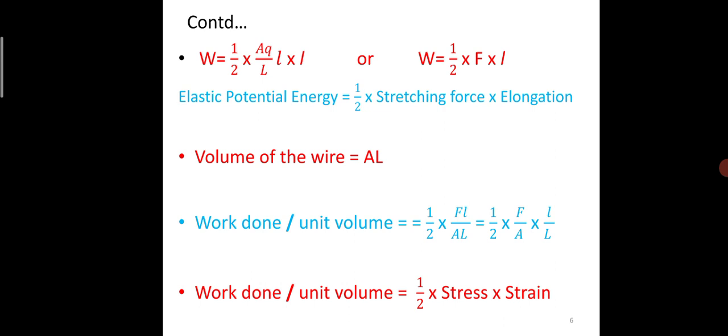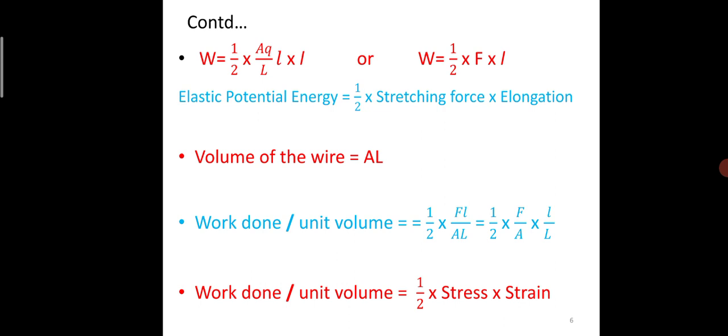Therefore here W is the elastic potential energy. It is given by half into stretching force F into l, where F is the stretching force and l is the elongation of the wire. Therefore the elastic potential energy expression is equal to half into stretching force into elongation.